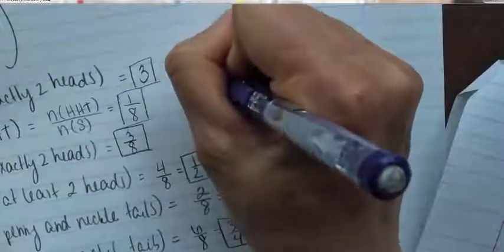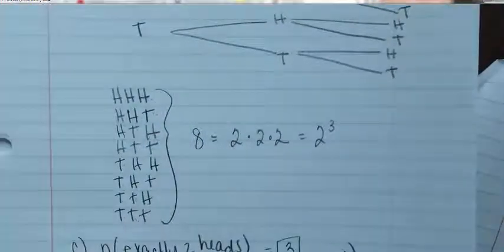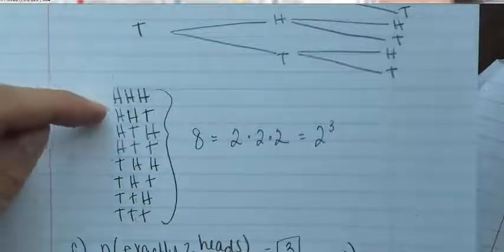I think I'm just going to go over here. Let's do J over here. Last one. Oh, no, I lied. I got 2 more. Calculate the probability of 0, 1, 2, or 3 heads. Probability that we have 0 heads, 1, 2, or 3 heads. Well, that's all of these.